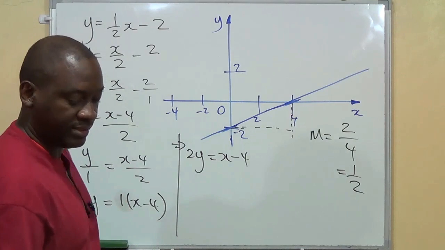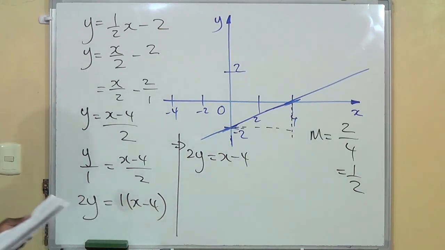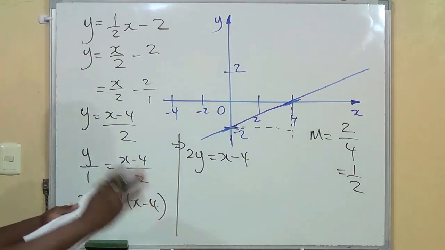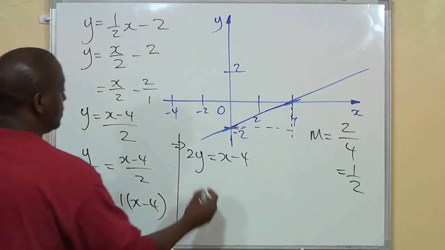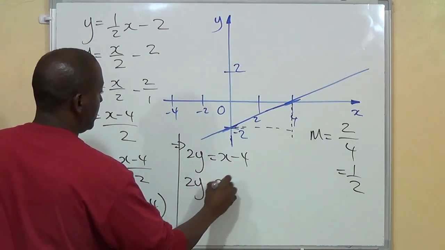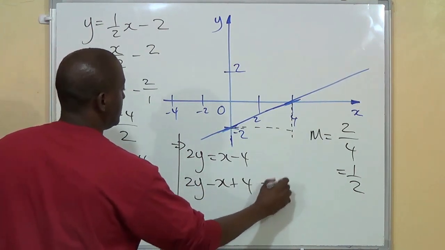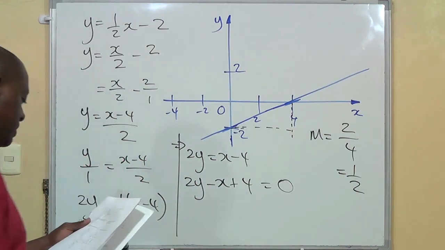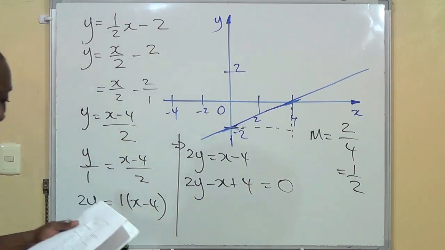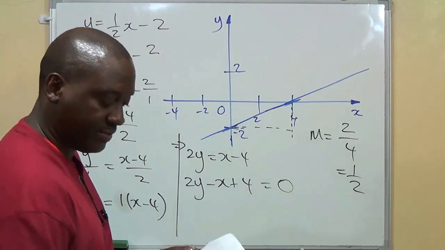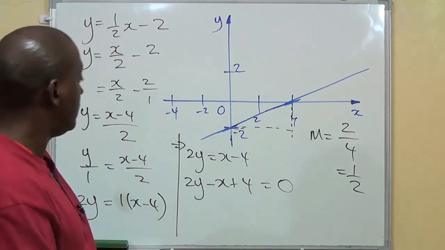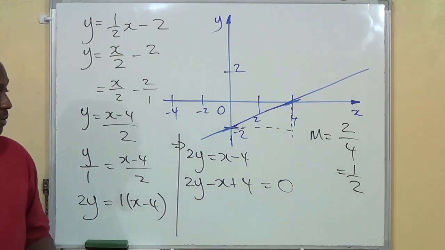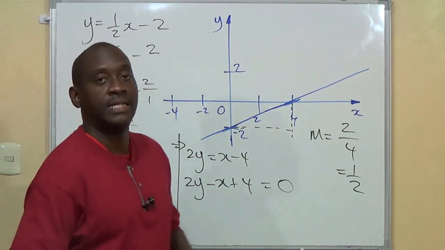And then we start to look to see which form it resembles. Basically they brought everything on one side, right? So it will be 2y minus x plus 4 is equal to 0. And which answer is that? That is answer D. So the answer for this question is answer D: 2y minus x plus 4 is equal to 0.